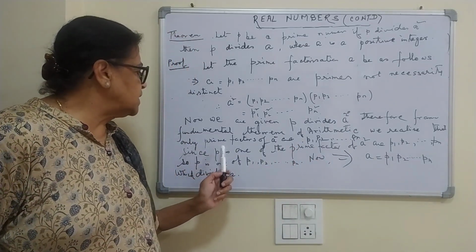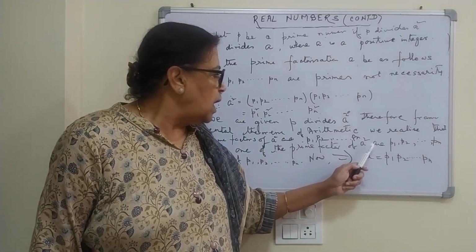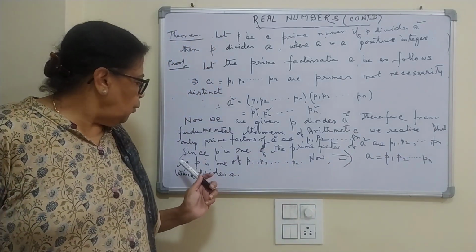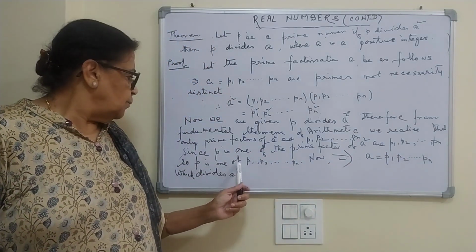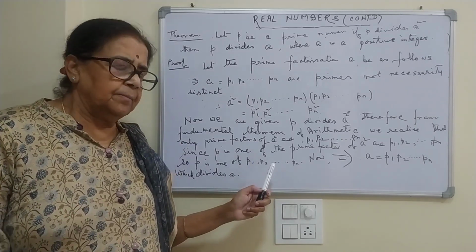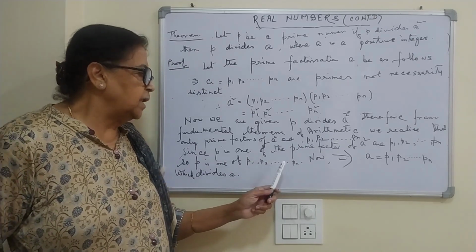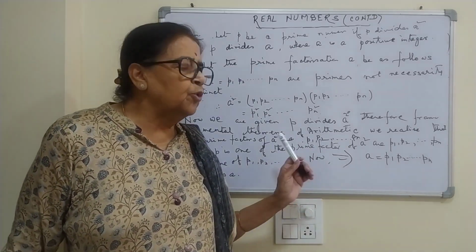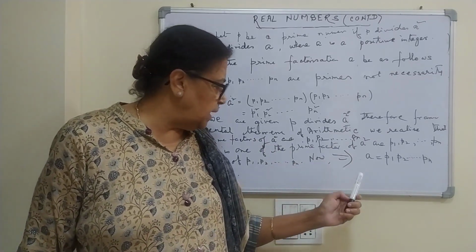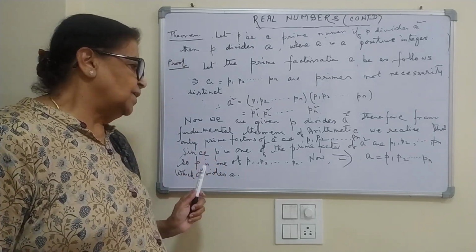Since P is one of the prime factors of A square, P is one of P1, P2, P3 up to Pn. It can be anyone. P can be P1, P can be P2, up to Pn. Now I can write A is equal to P1 into P2 into P3 up to Pn, so P divides A.